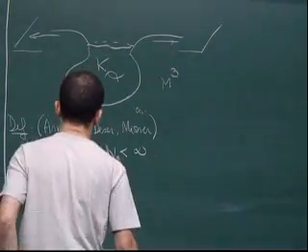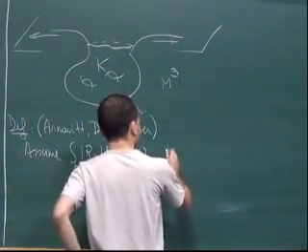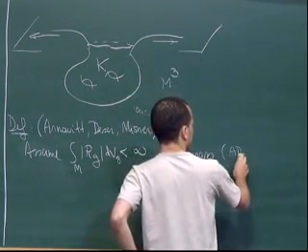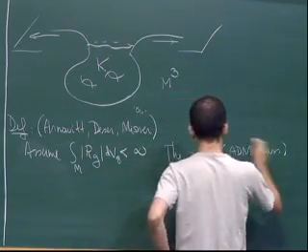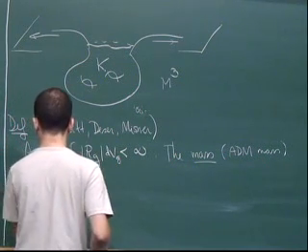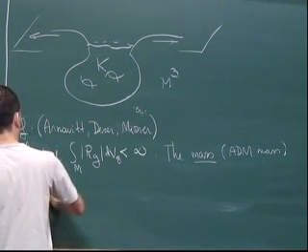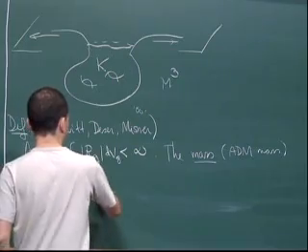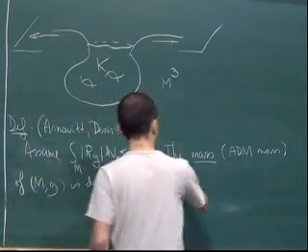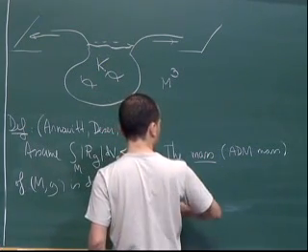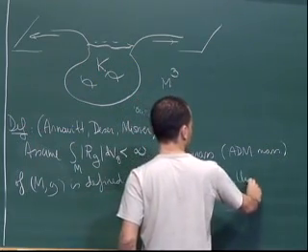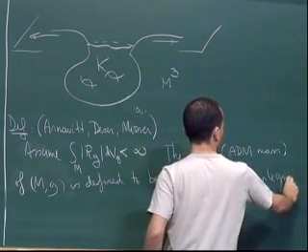So the mass, or the ADM mass, of the manifold M is defined to be the limit of the flux integrals.